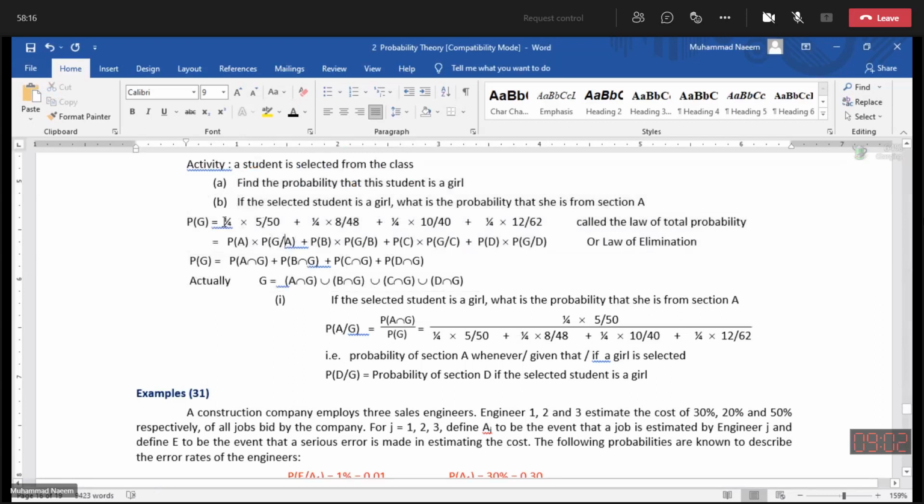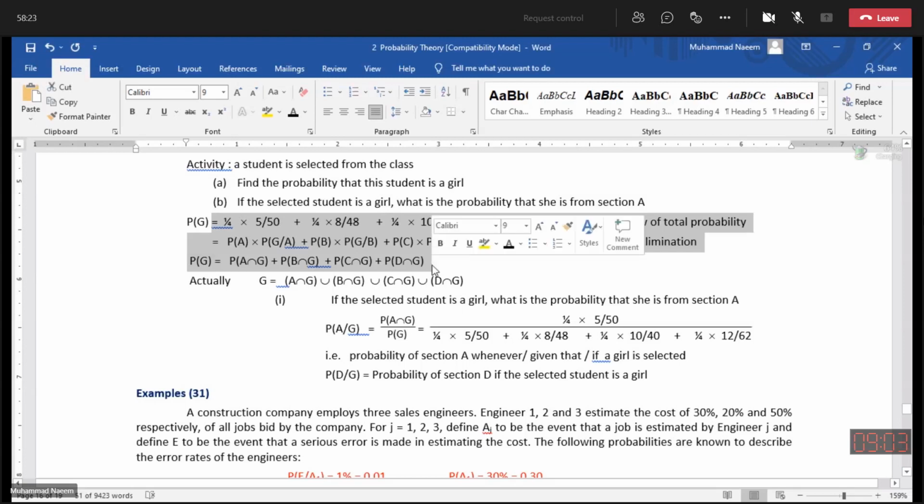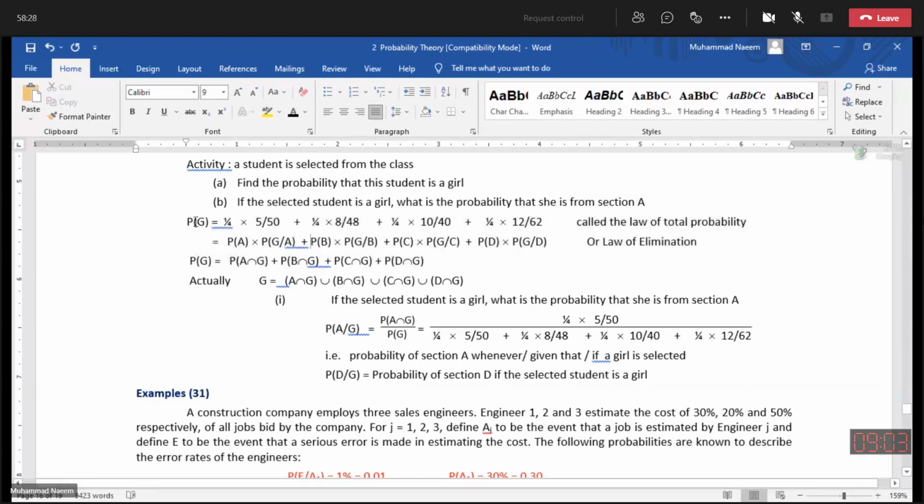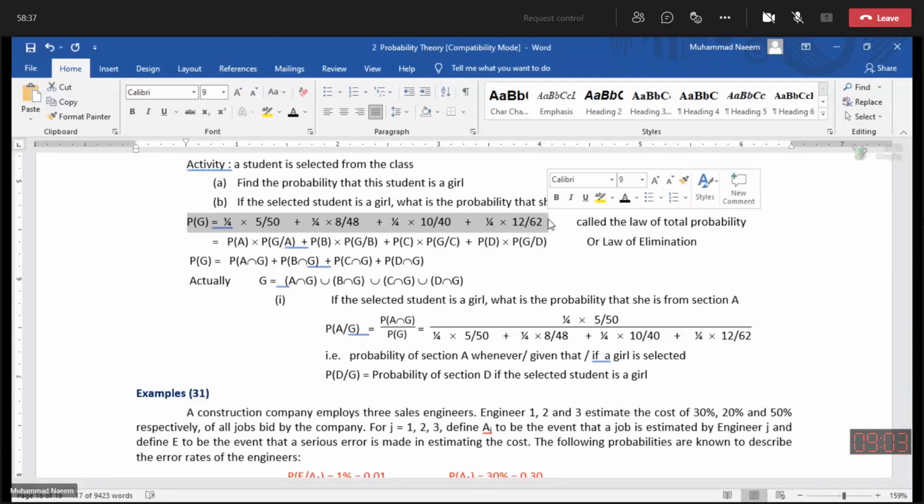If you cannot interpret this expression in terms of the events, no problem, directly calculate this required probability. Because the selected person, the selected item, the selected region is depending upon their respective sections.